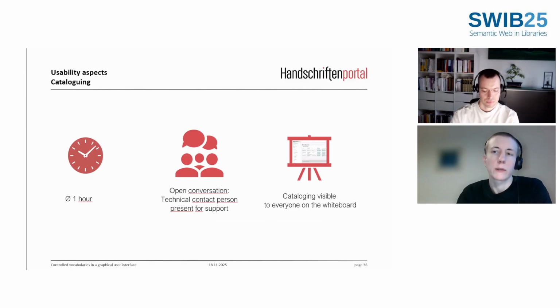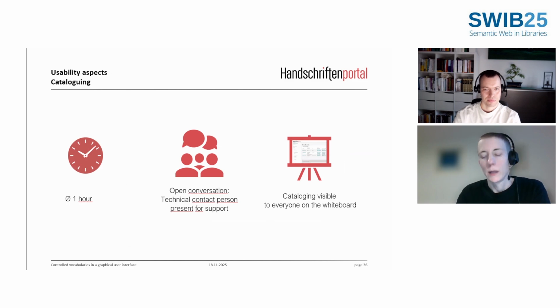So there were different kinds of feedback. On one hand, of course, technical feedback, like some users experienced difficulties with working on small screens. So we implemented a full screen view in order to make that easier. But there were also sometimes problems with information accessibility.